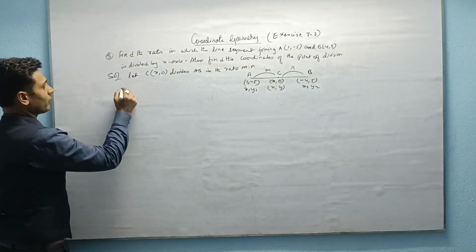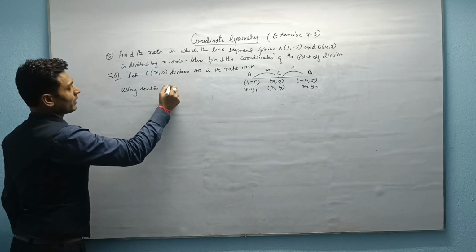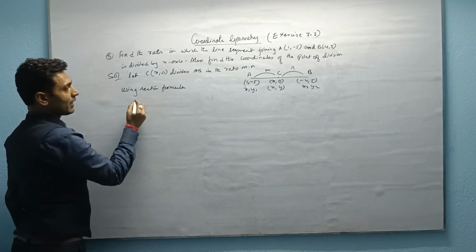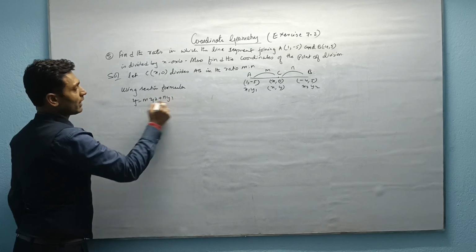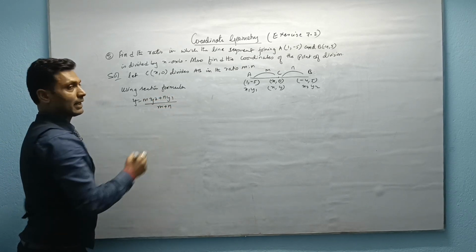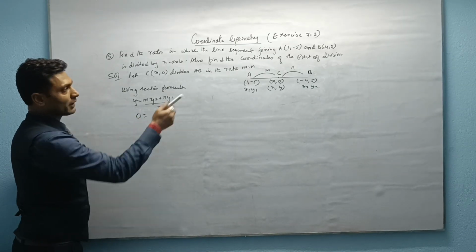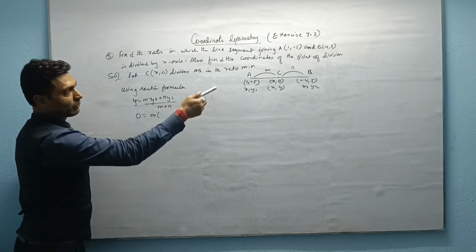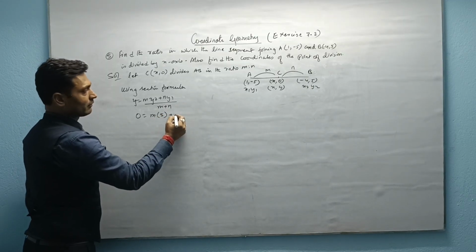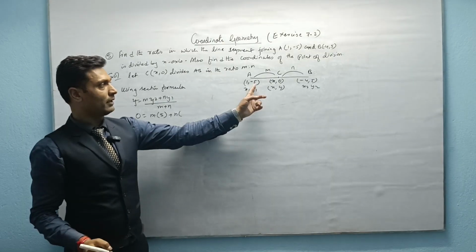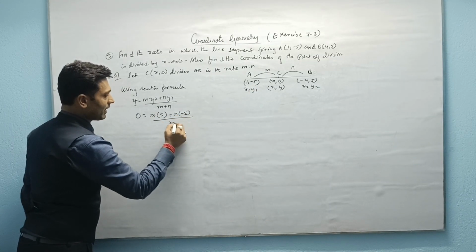So using the section formula, we have y is equal to (my2 + ny1) divided by (m + n). Y is given 0. What is m? We don't know. What is y2? It's 5. What is n? We don't know. What is y1? It is minus 5, divided by m plus n.